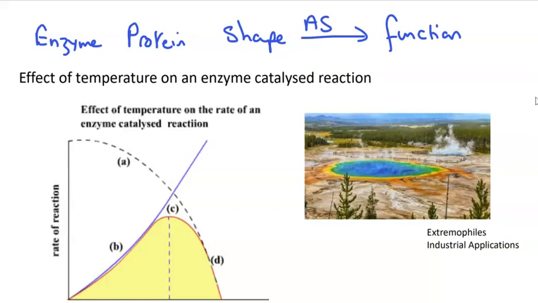Therefore, if there are factors that change the protein molecule and change the shape, then it is likely that the active site will also be changed, and this may alter the function. More likely, it will lead to a loss of function.